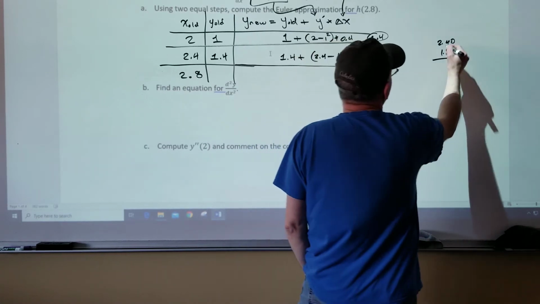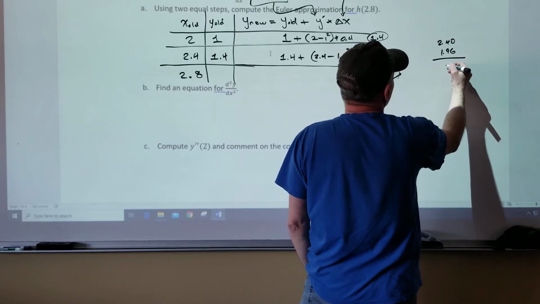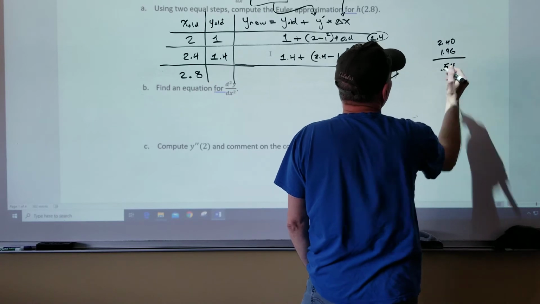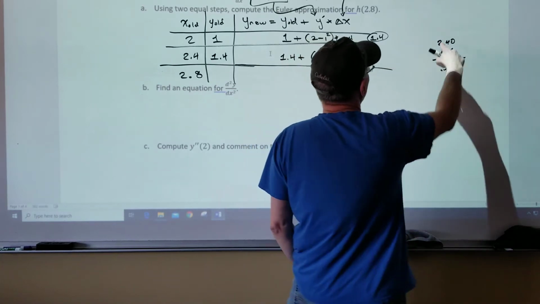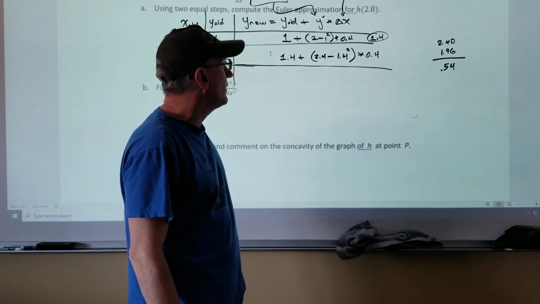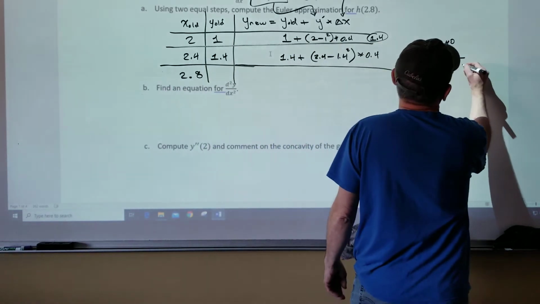Looks like you have to borrow, so you're going to have 13, and you're going to get a 5, and then you won't have anything left here. So I believe you get 0.54 for that, and then you're going to multiply that times 0.4.